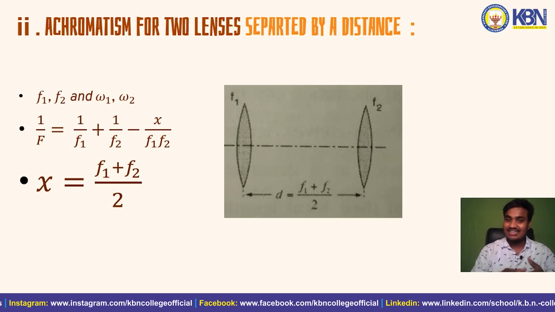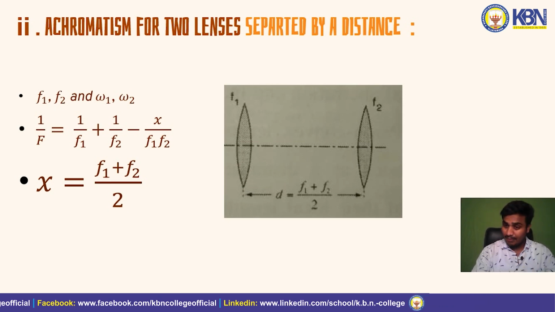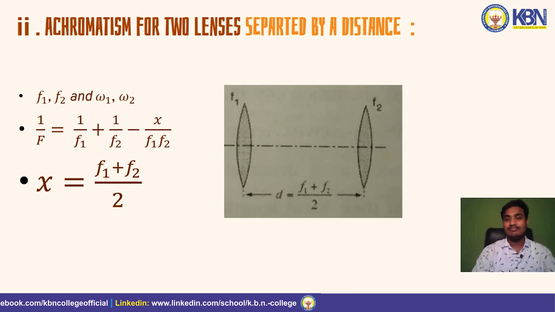Then in this case the combined focal length capital F is given by 1 by F is equal to 1 by f1 plus 1 by f2 minus x by f1 f2, where x represents the distance between the two lenses.